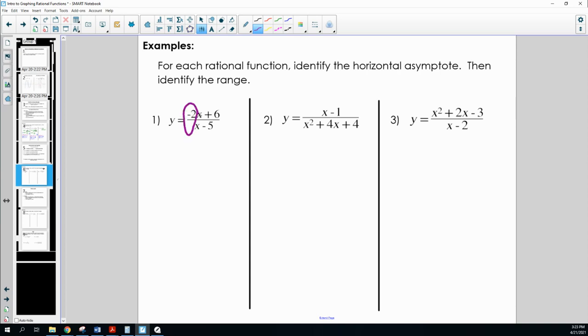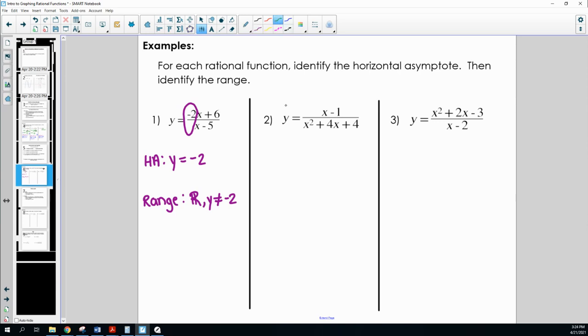So negative 2 is in front of this x, 1 is in front of this x. So the horizontal asymptote would be written as y equals negative 2, because it's negative 2 divided by 1. So that means our range, the y values that can be part of our function, would be all real numbers, except y cannot equal negative 2, because that's our horizontal asymptote.